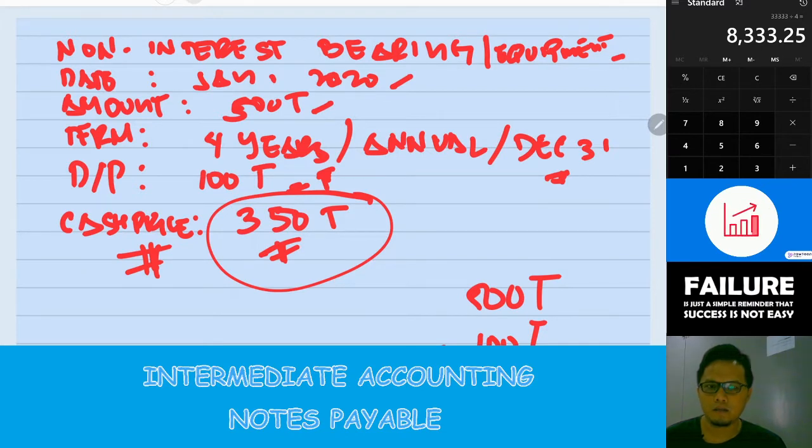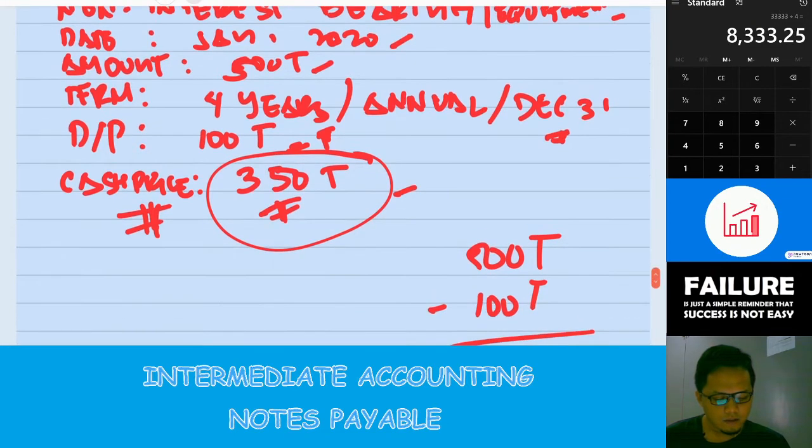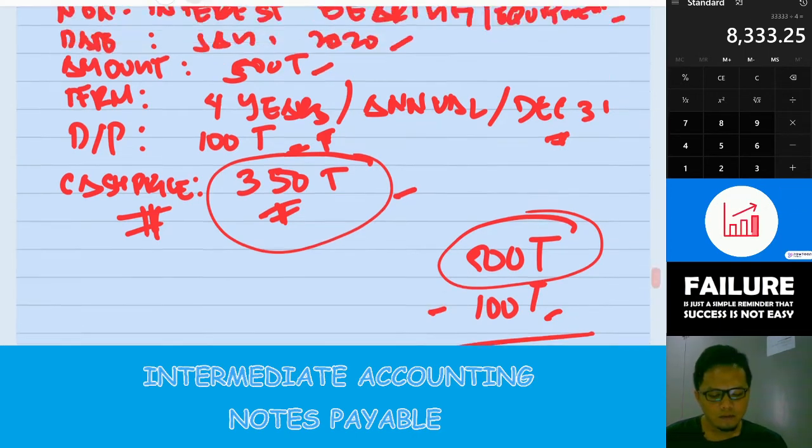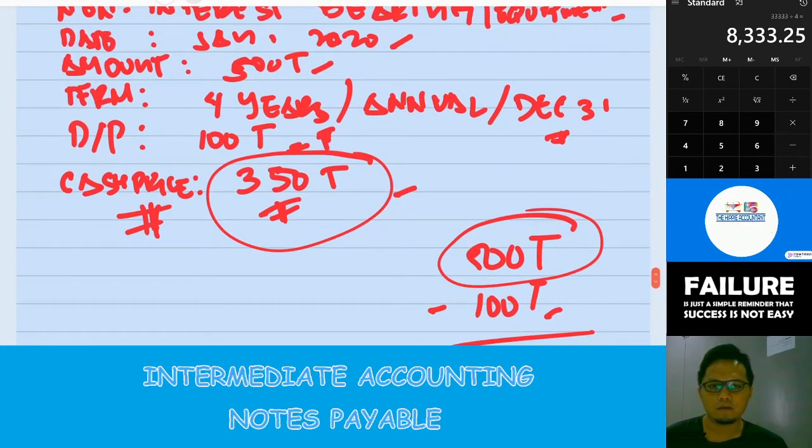That is under PAS 16. So the value of the note is 500,000, except that we have a down payment of 100,000. And as we said, if it is a non-interest bearing note, the fair market value of the note is also measured at cash price, which at the same time is the fair market value of the equipment.